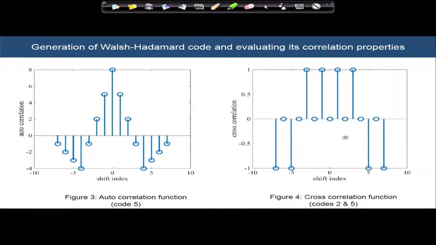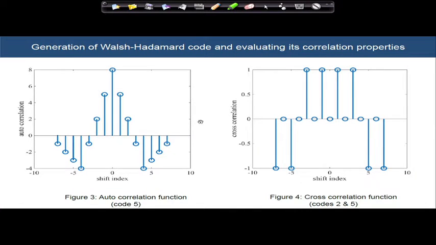However, the features remain the same, and by that I mean that autocorrelation at 0 turns out to be equal to the length of the code. Cross correlation at 0 lag again is 0, so those properties remain the same. Also, cross correlation doesn't exceed 1 and -1, as you can see. So these are the peculiar properties of Walsh-Hadamard codes that we in this tutorial try to understand, implement and plot.